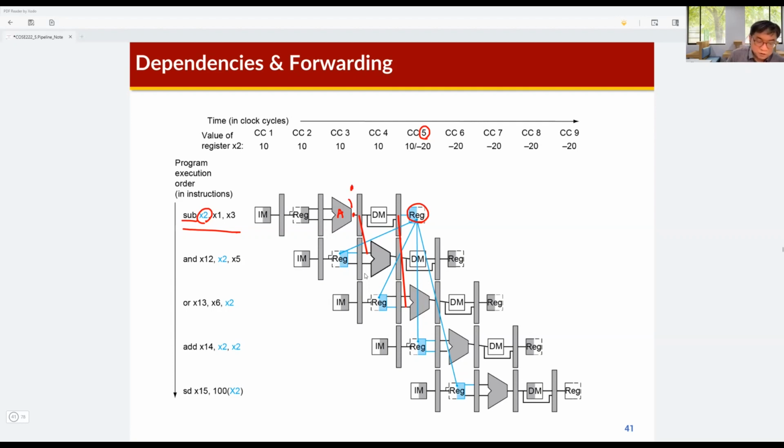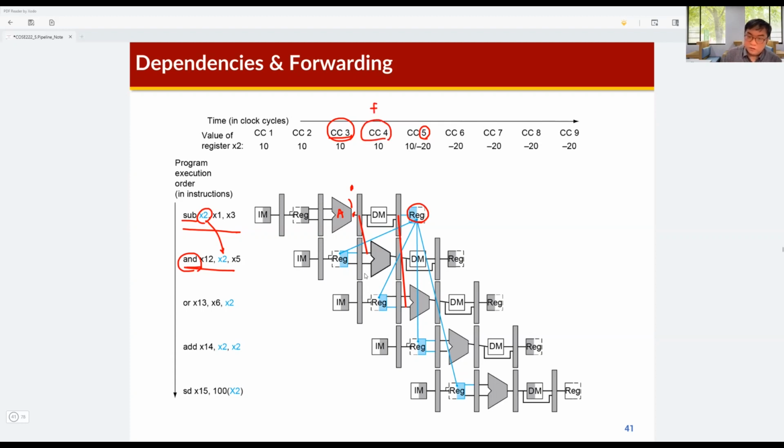And then if you see this following AND instruction, we know that the AND instruction requires data from this sub instruction. But the result of this sub instruction is generated at the end of clock cycle number 3, and then this AND instruction requires the operand at clock cycle number 4.